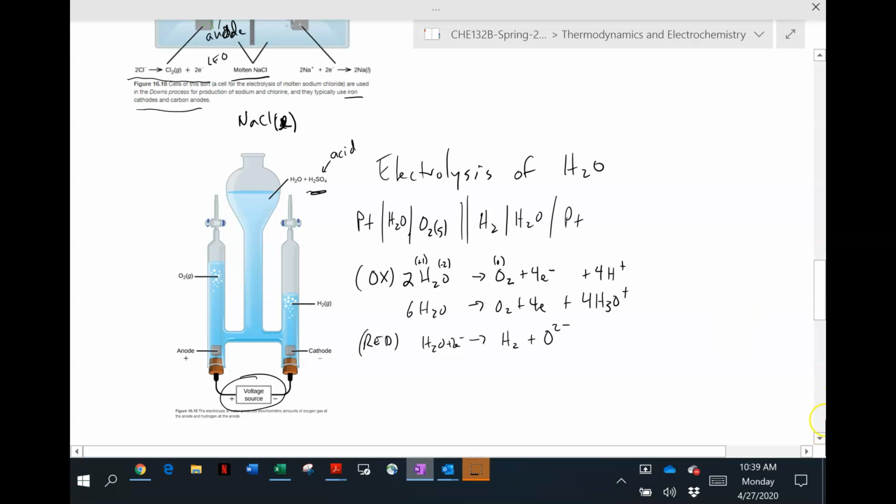Now, if we go back and look at the table for that, what we're being asked to think of this as, I'm looking at the book here, is 2H plus, because of the acid component, plus 2 electrons going to H2 gas.